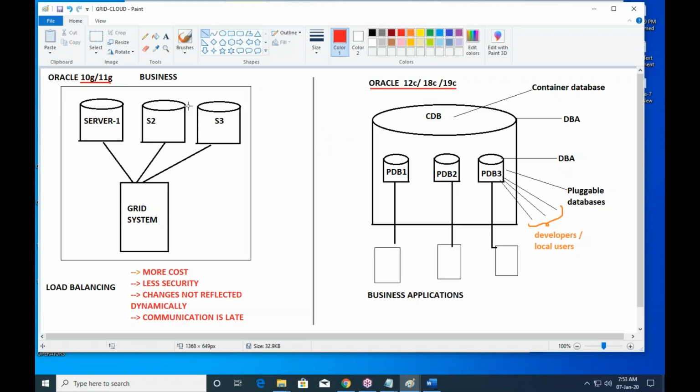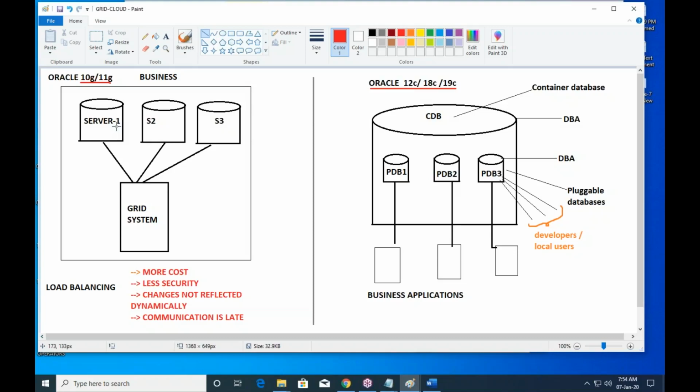Sir, what is the difference? See, suppose you are using 11G. In your business, you have 5 branches. Then for each branch, you should set up a database server.